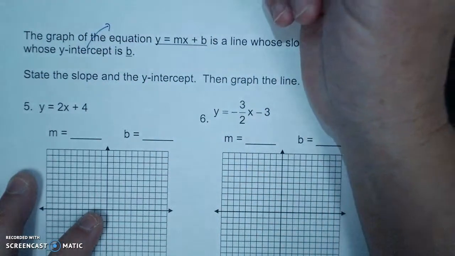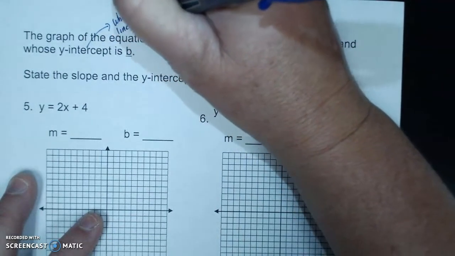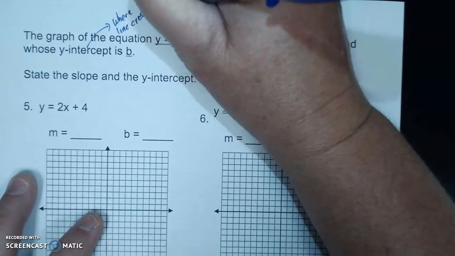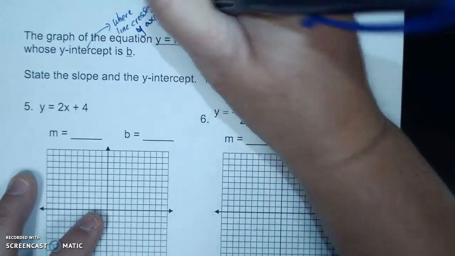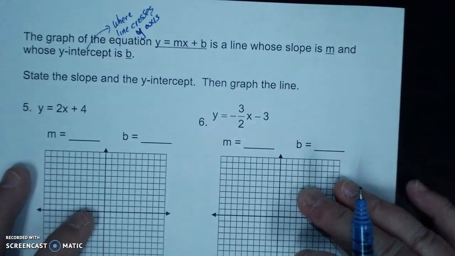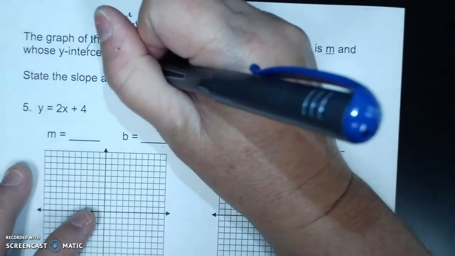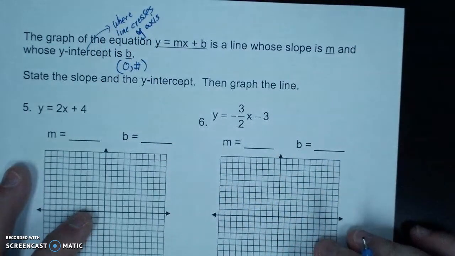And y-intercept means where the line crosses the y-axis. The y-intercept will always be in the form 0, comma, number.